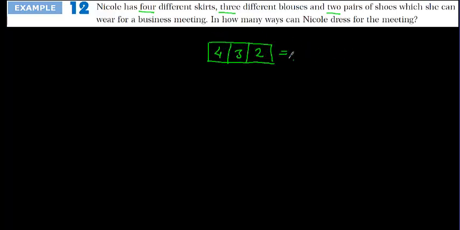These boxes we are going to use for the skirts, for the blouses and the shoes for the last one. The result is going to be 4 times 3 times 2, which is equal to 24 different ways she can dress.